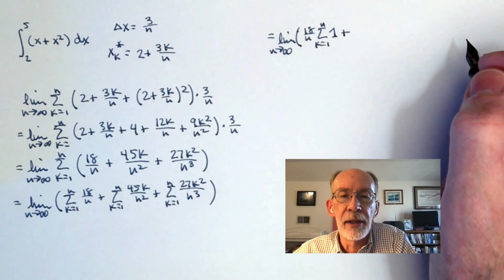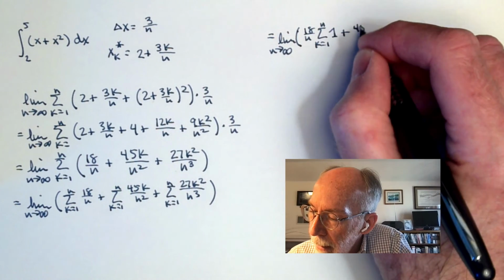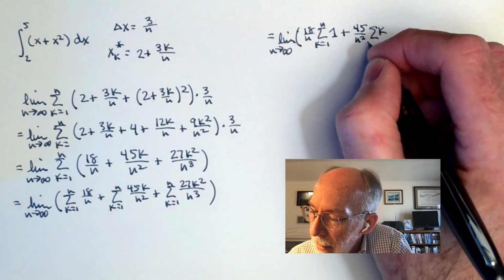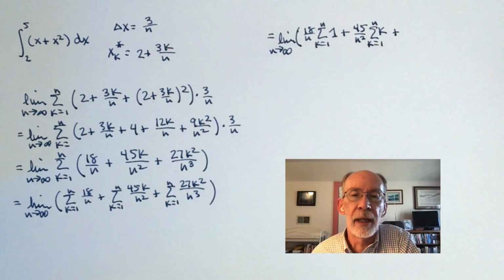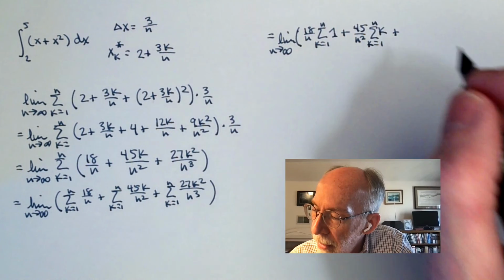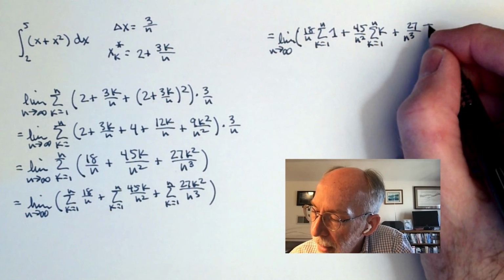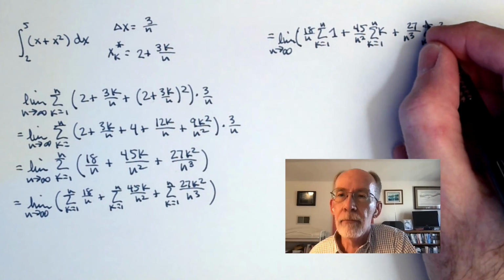Then I can pull out in the second sum the 45 over n squared, leaving me with the sum of the k's, k=1 to n. And finally, in the third sum, I can pull out the 27 over n cubed, leaving the sum of the k squares, k from 1 to n.